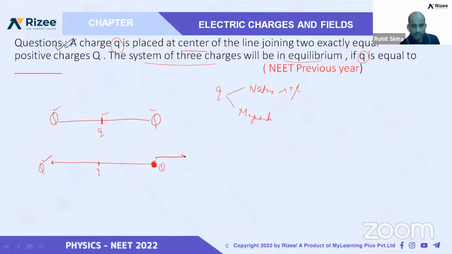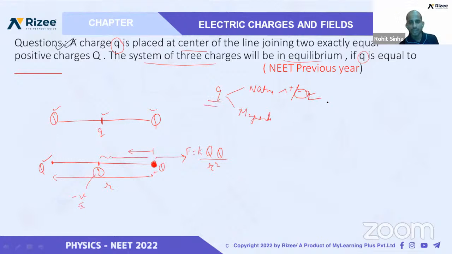It will repel this charge by a force F equal to k times the product of charges divided by r square, where r is the distance. To balance this, the other force should be in the opposite direction, and that is only possible if this charge is of negative nature, because the other is positive. So first of all, we determine that q will be negative.